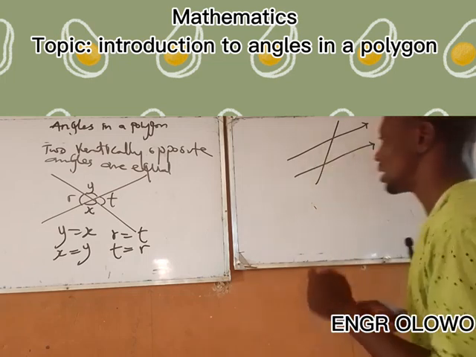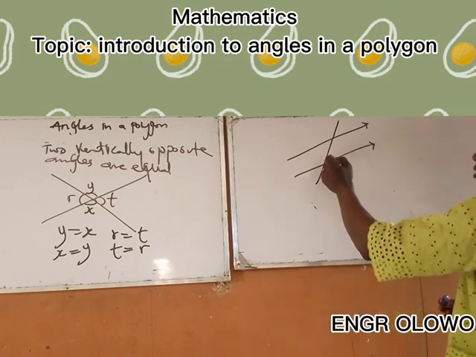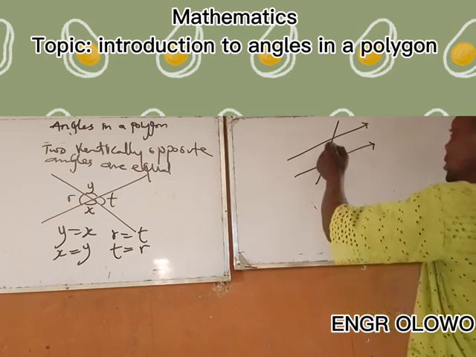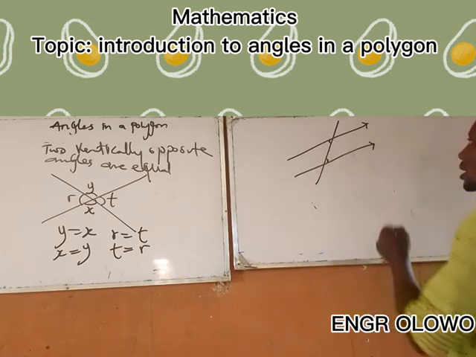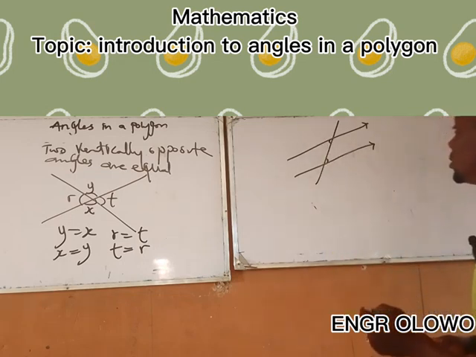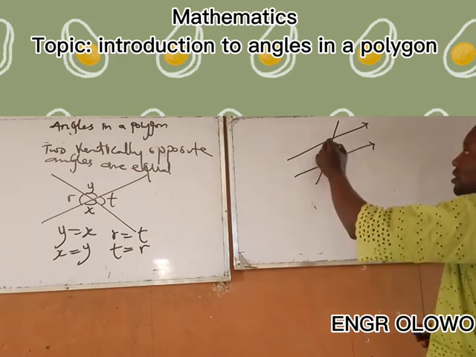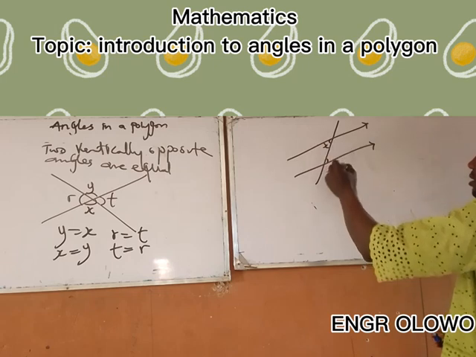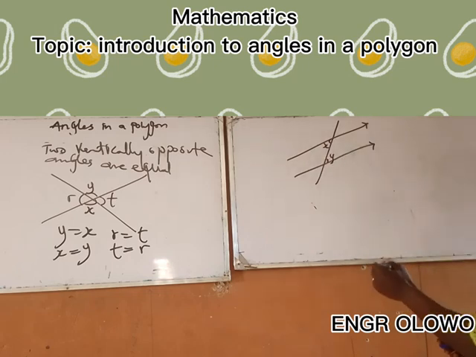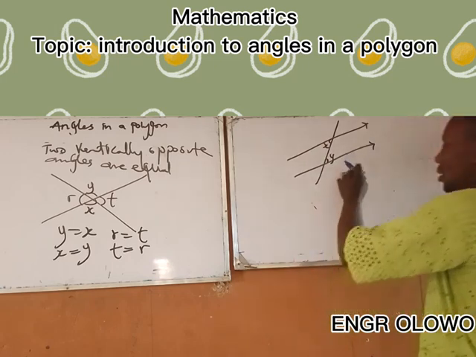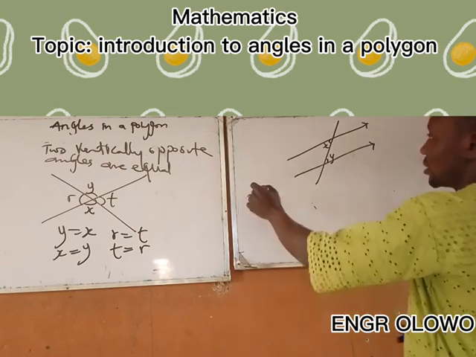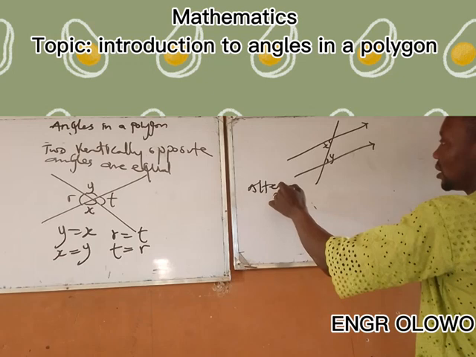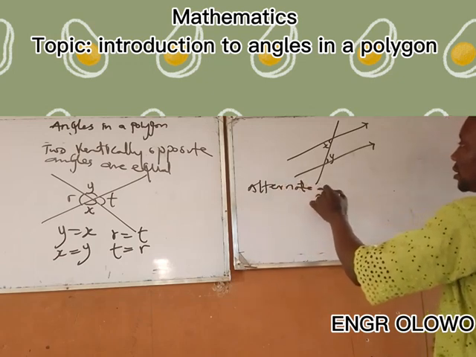The third line I draw on it is called a transversal line. So when a transversal line crosses parallel lines like this, two things evolve. The first one I'm looking at is what we call alternate angles. X and Y are alternate to each other.